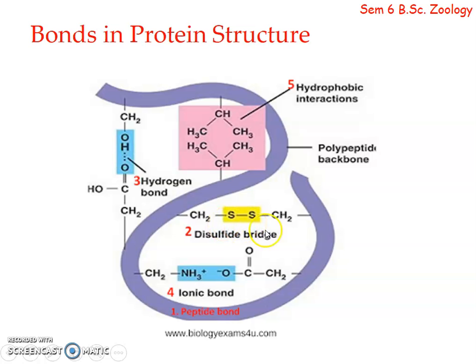Okay, and this particular molecule of two cysteines bound by a disulfide bridge is known as cystine. Okay, so the disulfide bonds may be formed in a single polypeptide chain, or between different polypeptides. Okay, these bonds contribute to the structural conformation and stability of the proteins.